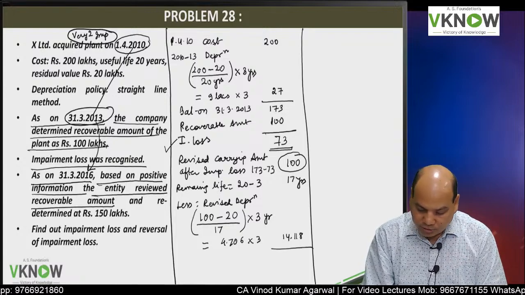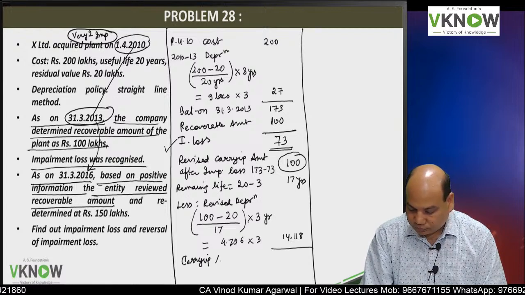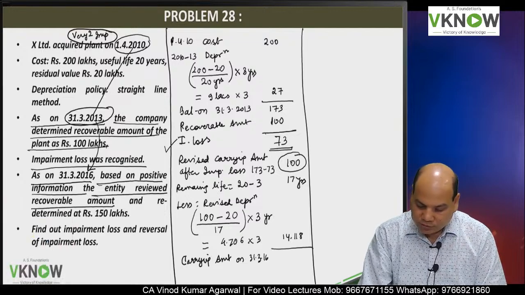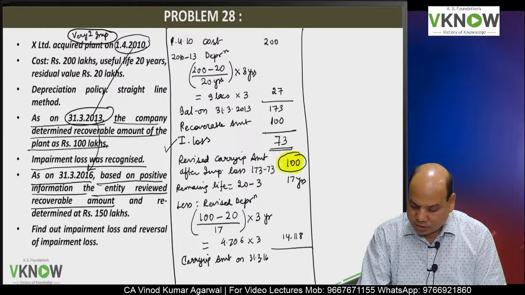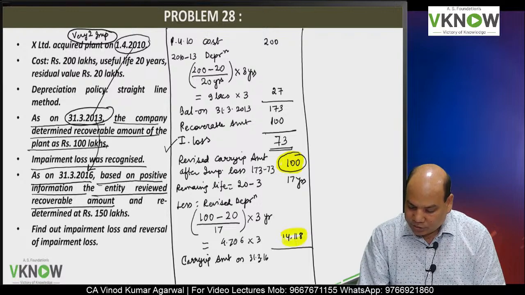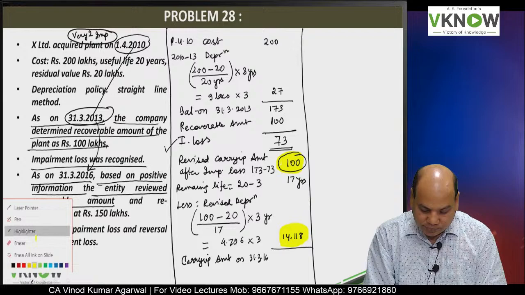So what is my carrying amount? On 31st March 16, 100 was the carrying amount. Now we have depreciated over 3 years 14.118.